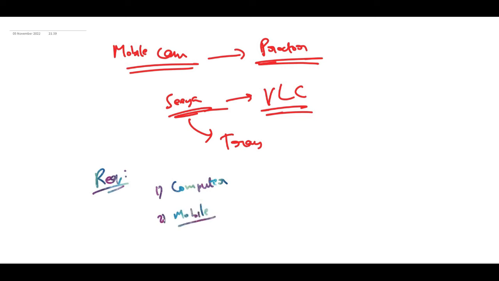Any student who misses either of these will not be considered to write the OPPE. If the student has a computer but not a mobile, he will be marked absent, or vice versa. If the student has a mobile but no computer, even then you are not eligible to appear for OPPE. So this is the way OPPE is very much required.